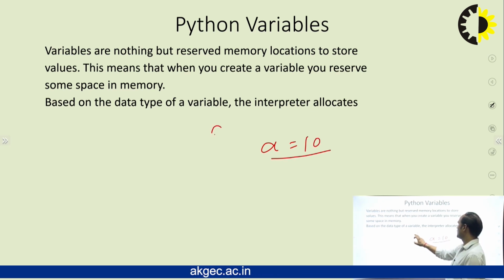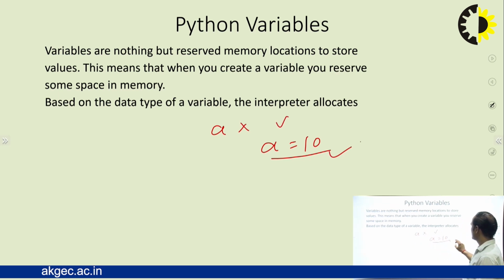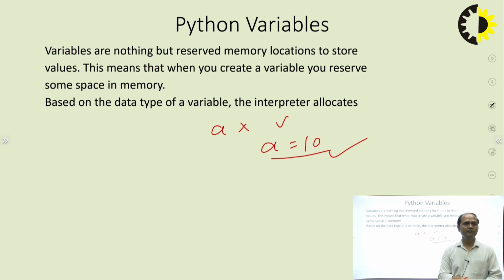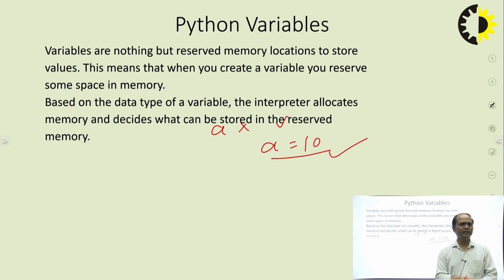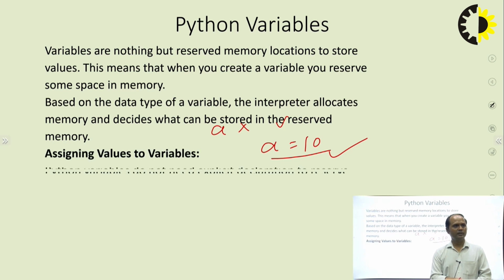If we just write a, this is not a variable. This is a variable because some value is assigned to that particular variable. If we create a variable, then we can put some values in it, and the variable can store that value.